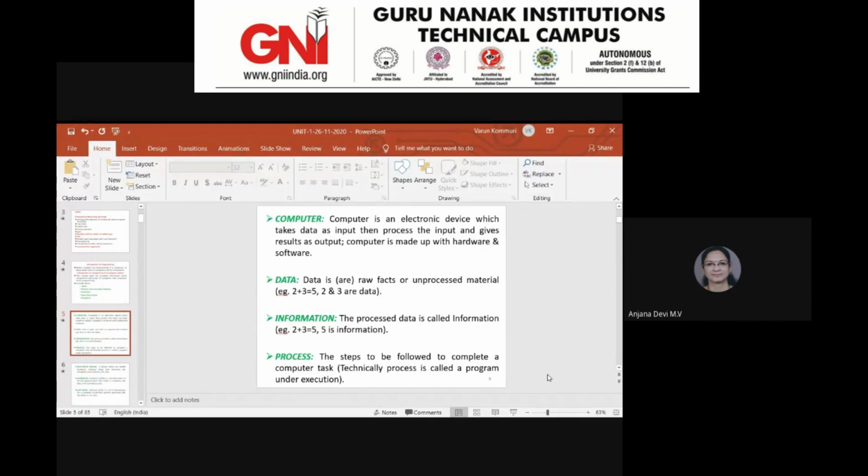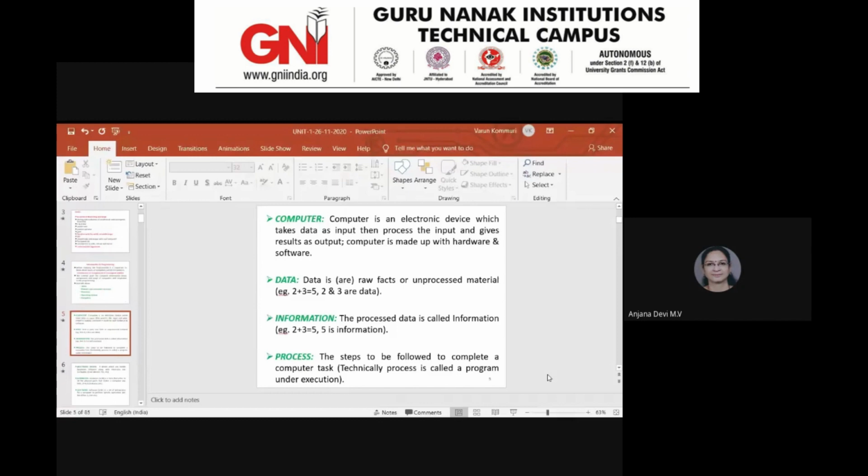Similarly, 2 and 3 are the unprocessed materials. After adding those two numbers, you get the result 5. That 5 is the information. Processed data is called information. Unprocessed material is called data. That is the difference between data and information.